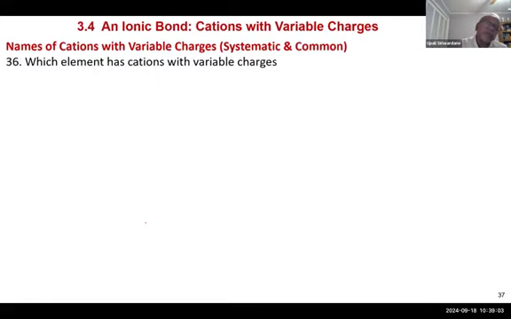Let's do some problems with ions, cations with variable charges. This is not a variable charge. This is 2A, one name. That's a B group. That's the transition metal. 3A.